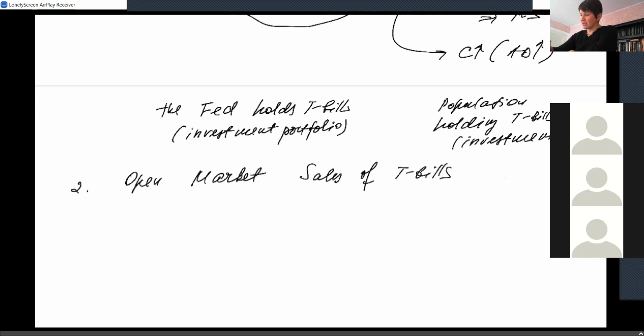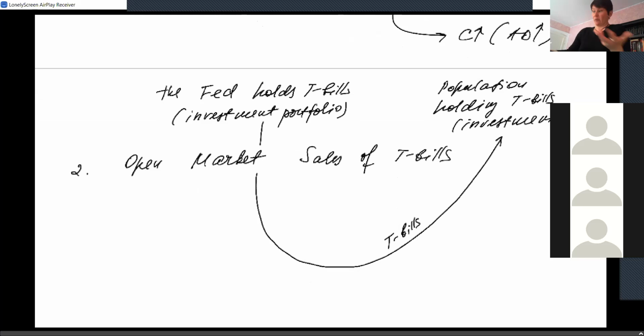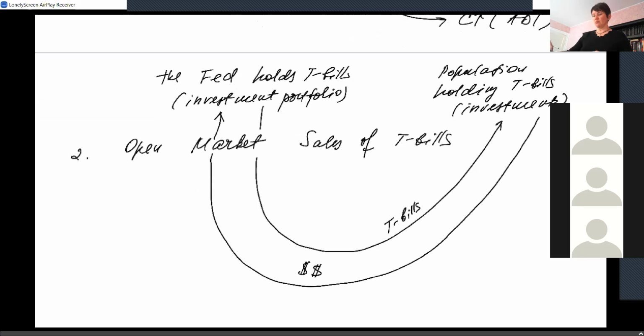In open market sales, the Fed sells T-bills to the population, but if you're buying something, whether it's a loaf of bread or a treasury bill, you have to pay for it.